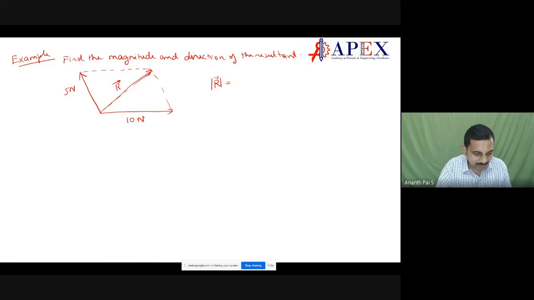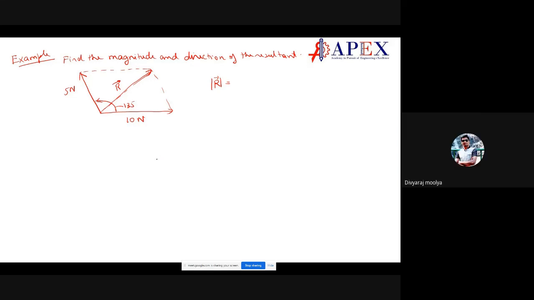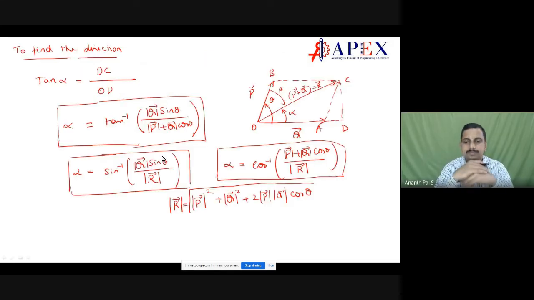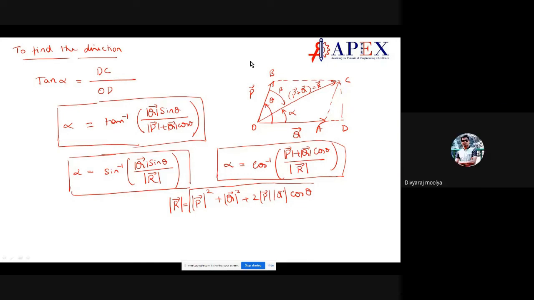Sir, could you go to the previous slide? See, this angle is 135. Sir, that is tan inverse of P sin theta by Q plus P cos theta, no?